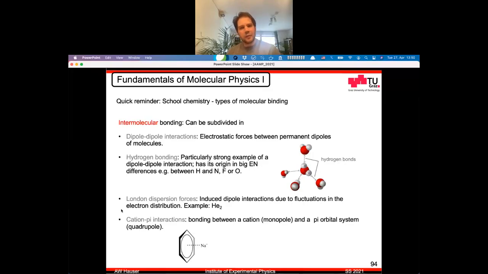So when looking at a more complicated molecule consisting of several atoms, you have a 3n minus 6 dimensional potential energy surface. But what you always can do is you can, at the equilibrium, approximate your actual potential energy surface through harmonic potential curvatures in all degrees of freedom.